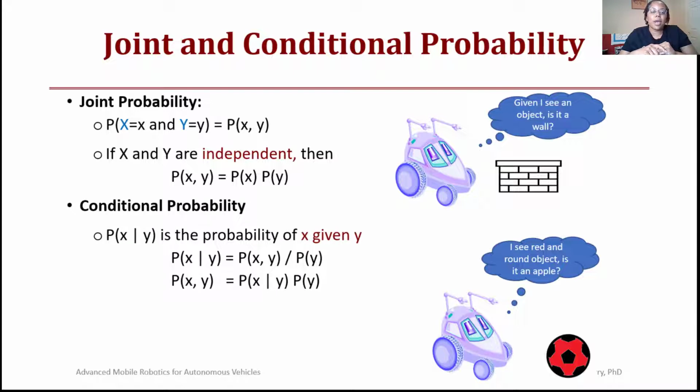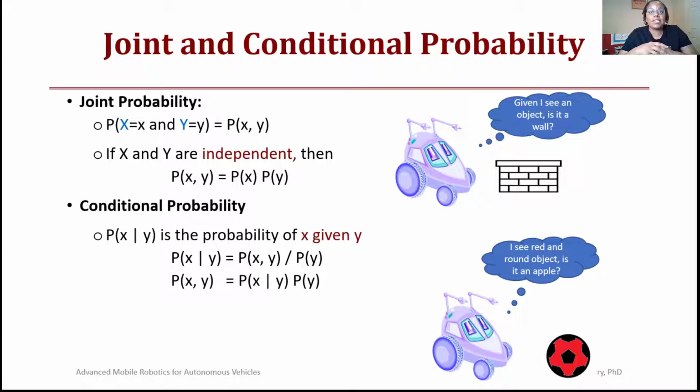For a conditional probability, we say that the probability of X given Y is the probability of X and Y divided by the probability of Y, or that the probability of X and Y is equal to the probability of X given Y times the probability of Y. So that once again would be the probability that I am at a wall given that I sensed an object in front of me.